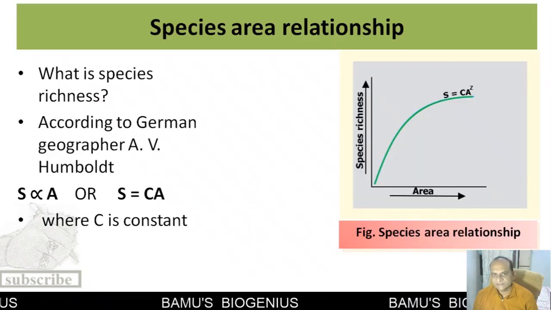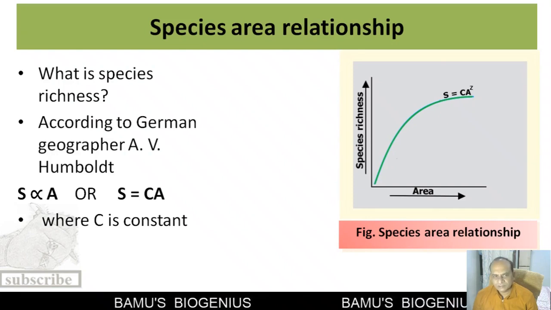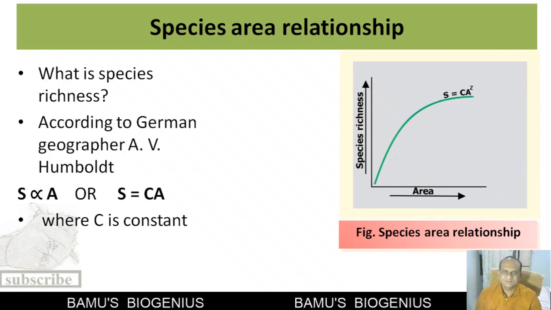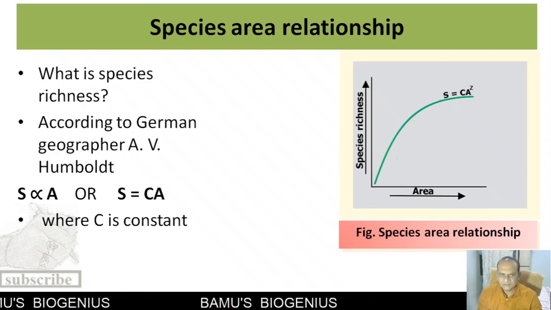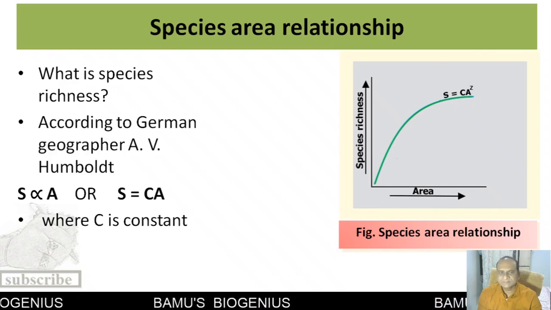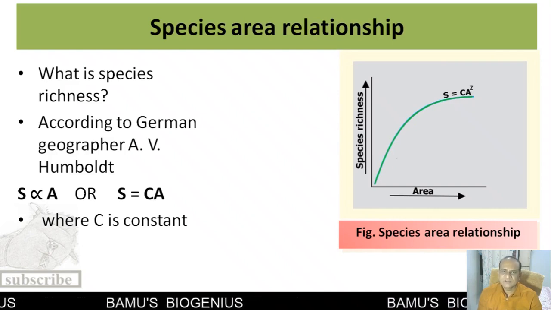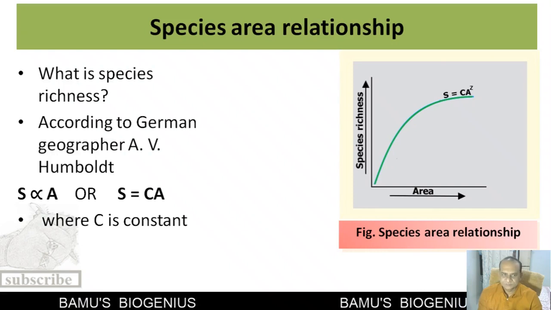When we study a species area relationship, we should know what species richness is. Species richness is nothing but a list of species that occur in a stated area which is to be studied. So what the German geographer Humboldt observed in South American jungles is that as the area increases, the species richness in that explored area also increased.